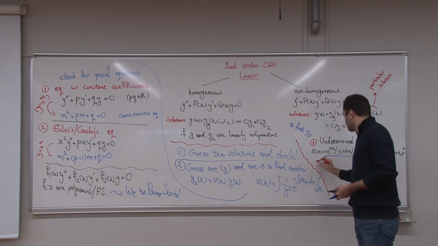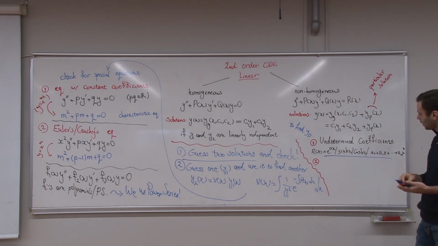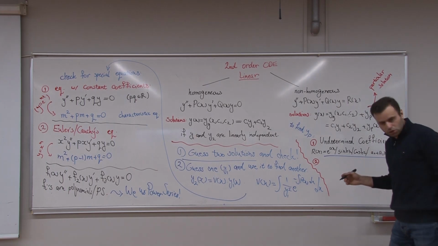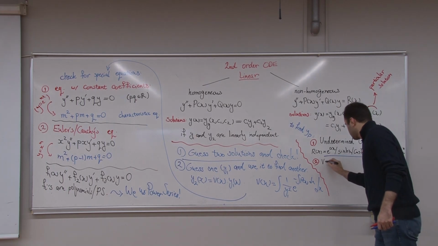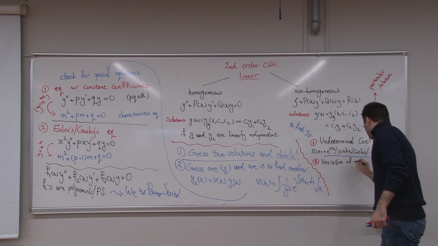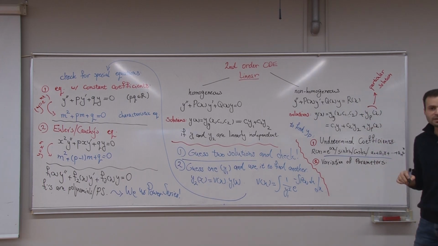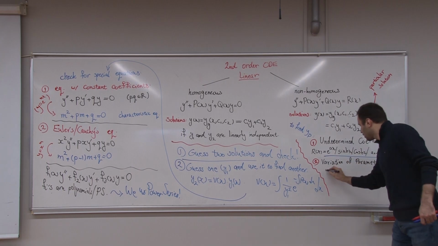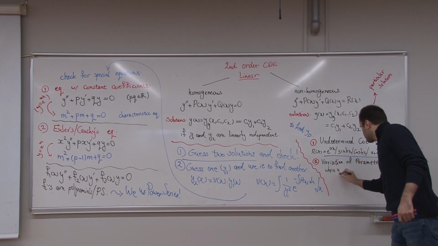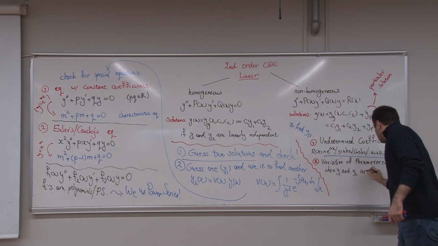What was our second method that we used? Variation of parameters. Yes, definitely. And when did we use this? When y1 and y2 are available.